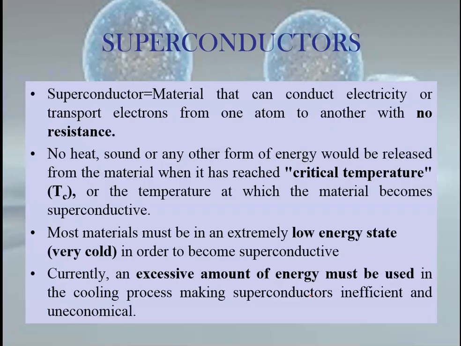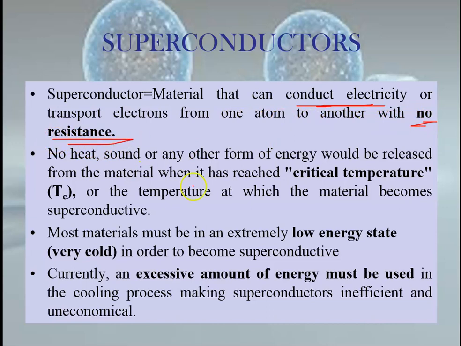So that was the equations and the solutions. Now, I think this is my last subtopic for this part, which is superconductor. I just need you to understand what a superconductor actually is. A superconductor is a material that can conduct electricity, of course, or transport electrons from one atom to another, and it is special because it has no resistance.